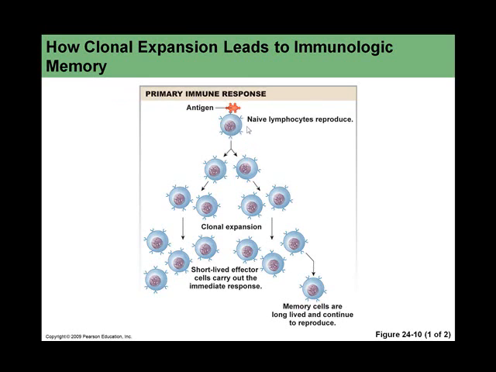So we'll back up. We now have reversed our assumption. It is not a re-exposure. This is a new exposure. So we went through the sampling and we determined, this is a new antigen. So naive lymphocytes will reproduce.